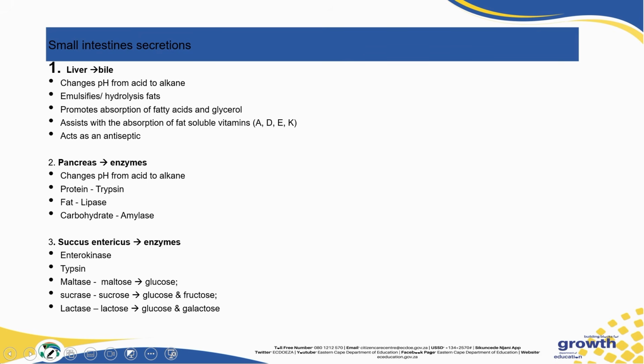Remember, the pH medium coming from the stomach is acidic because of the action of hydrochloric acid, and the medium in the small intestine is alkaline. So what is released, we talk of chyme, not food.